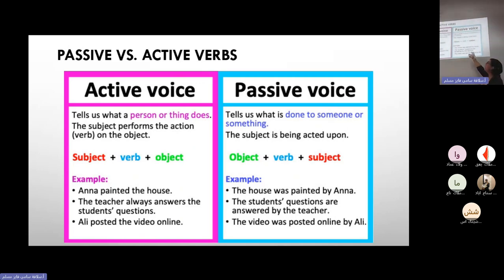And in the passive voice, we change the place of the subject and the object. The object becomes the subject, and the subject is not important. If you remove it, the meaning doesn't change. Exactly. So, examples.